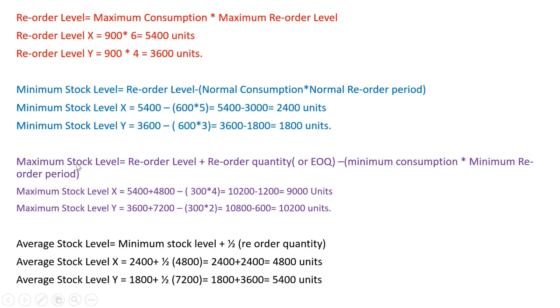So the maximum stock level calculation is reorder level plus reorder quantity minus minimum consumption into minimum reorder period. 5,400 and 3,600 we have calculated here, the reorder levels.